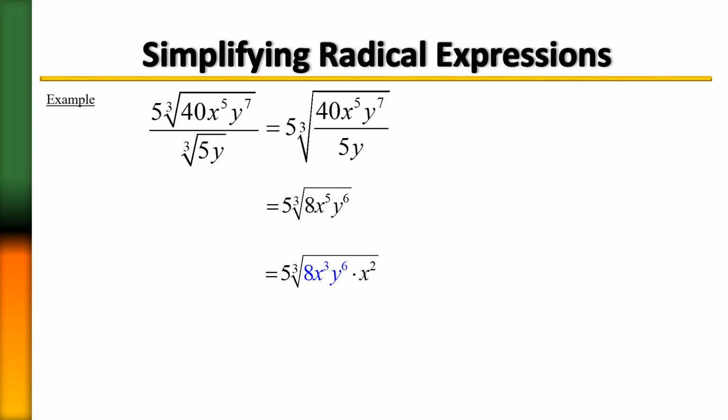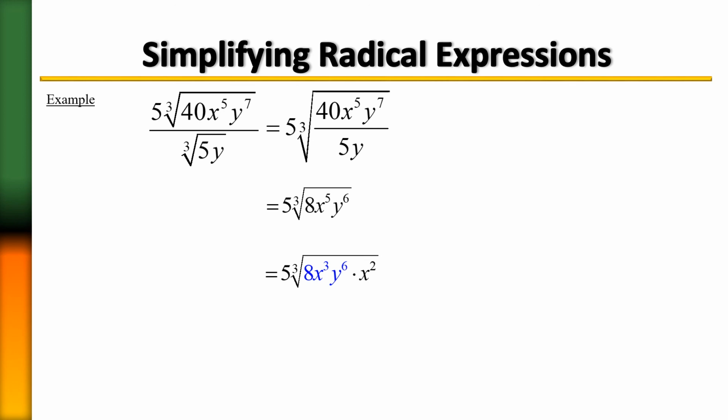So we can go ahead and put the perfect with the perfect and the non-perfect with the non-perfect. So we can see here that 2 x's, or x squared, is going to remain under the radical symbol. Let's go ahead and find the cube root of the perfect part there. Solve it.